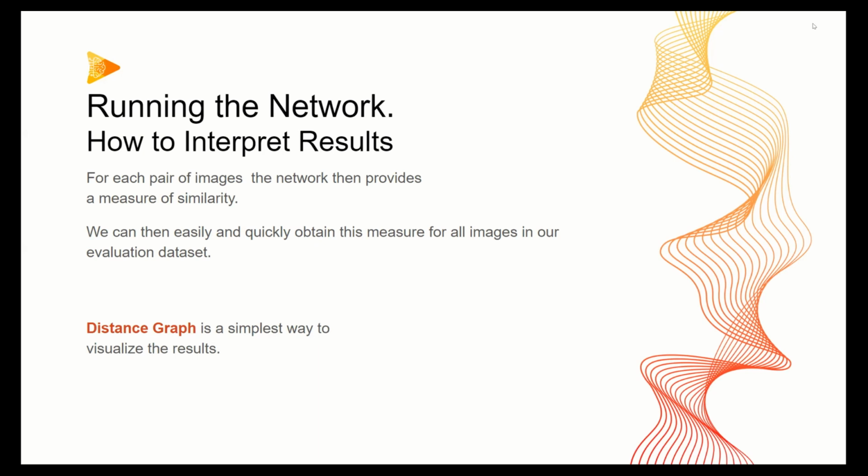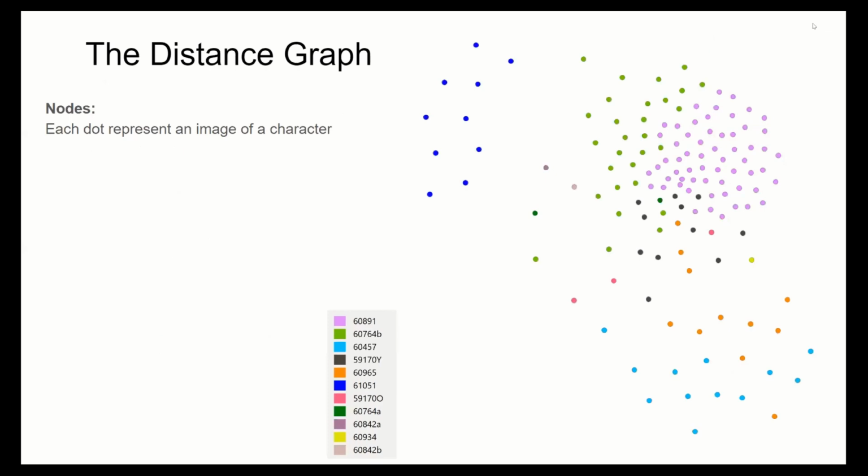We can just use a graph, which is one of the easiest ways to proceed. And we have decided to show the result of the machine using this kind of graph. The idea of this graph is easy. We can have a representation of our validation set. So each dot in the image represents an image of a letter in our data set.